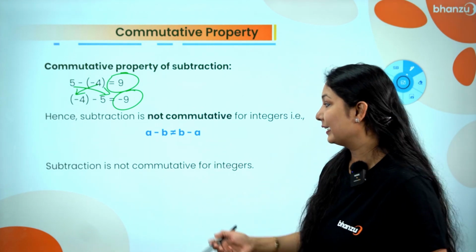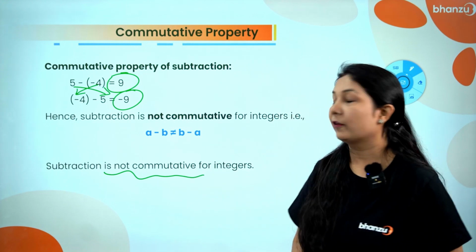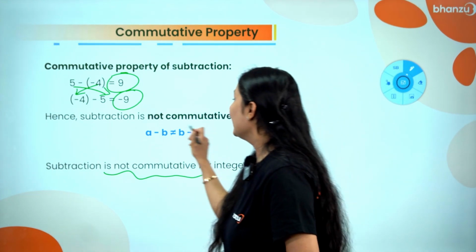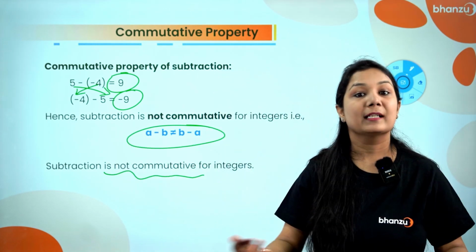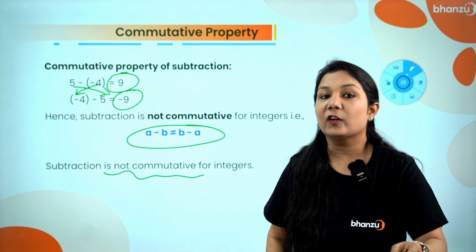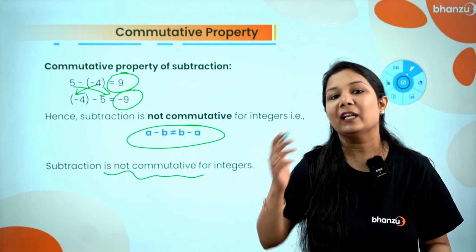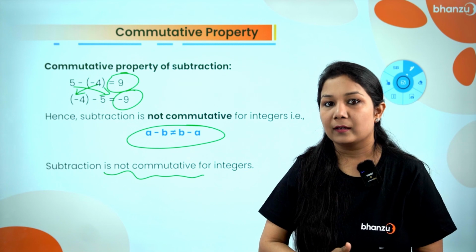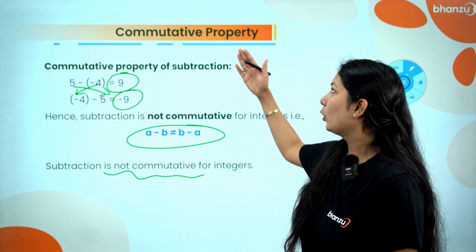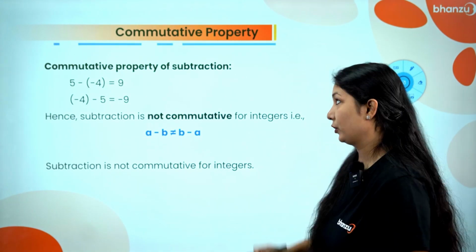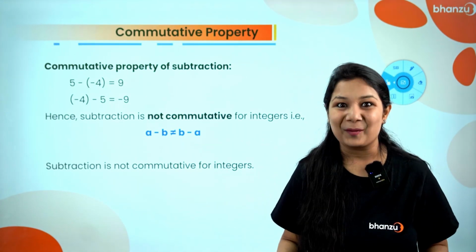So that means subtraction is not commutative for integers. So the general rule over here states a minus b is not equal to b minus a. Again, do not forget to try it out with any integers, right? So for any integers, the commutative property holds good for addition but not for subtraction, right?